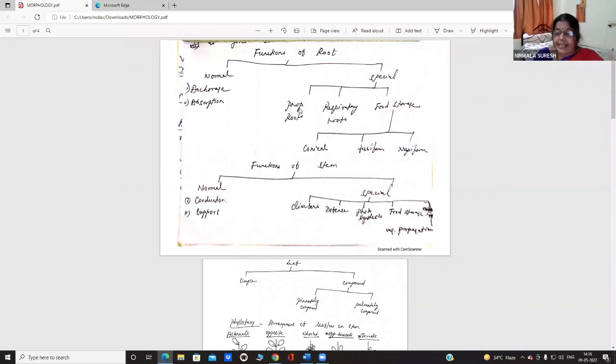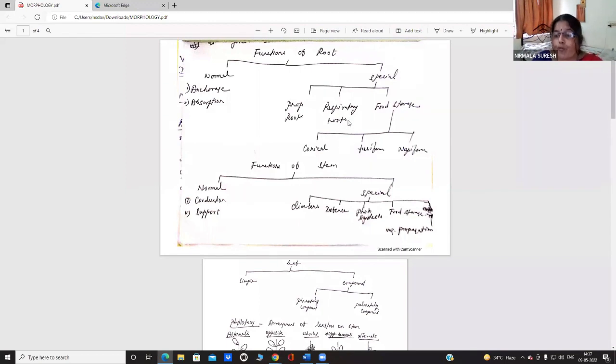How the single taproot system is not sufficient to bear the huge weight of the plant. From the base of the branches, roots arise and they grow like pillars. So like how a pillar supports a huge building, these prop roots are additionally giving support. So prop means pillar. You can always show them the banyan tree example.